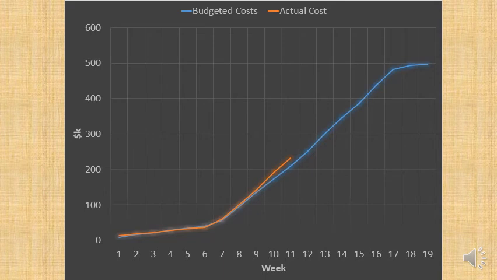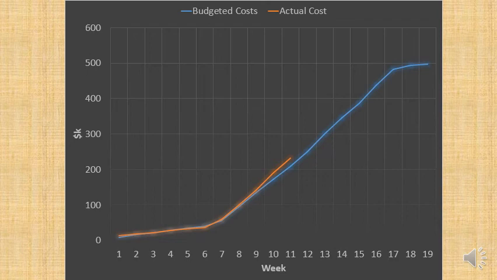So this is the same project again, the equivalent project, the unlined landfill project, and we've got our budgeted cost, and you can see it's got that long S-shaped line, but the orange line here is not capital, it's actually actual cost.